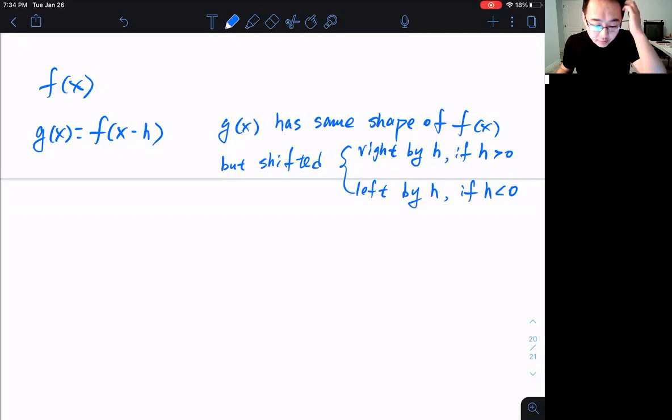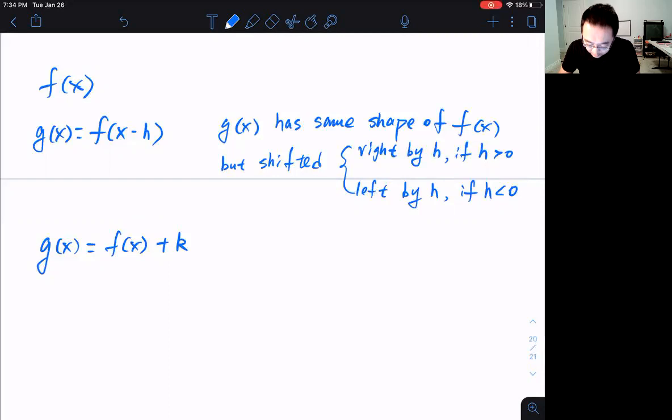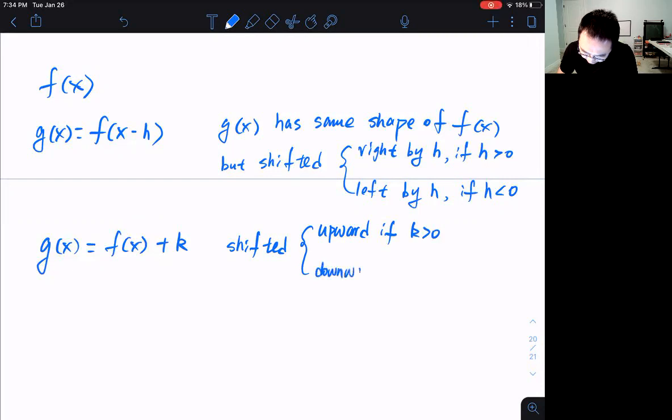Okay, now similarly, if you have f of x as a function, but g of x equals f of x, let's say plus k, this is g of x having exactly the same shape, but then shifted upward if k is greater than 0, and downward if k is less than 0, right?